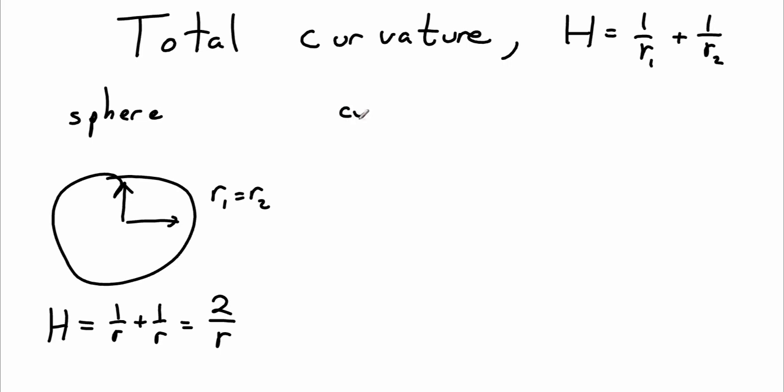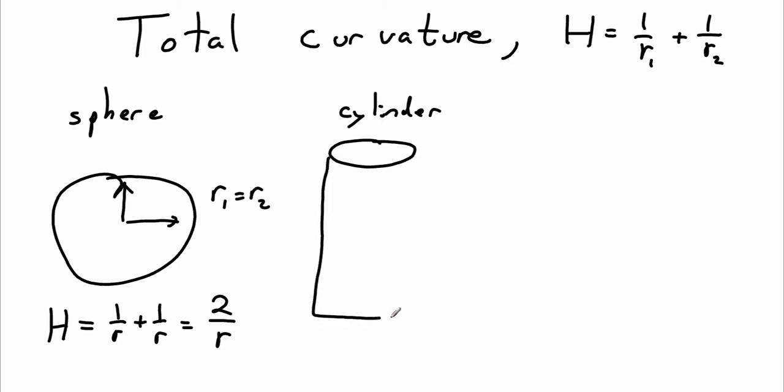If we have a cylinder, something like this, a Coke can or something like that, we can see we've got a radius, we'll call it r1, and that's in the xy plane, but what about the z plane? We can see on the z-axis there's no curvature at all.